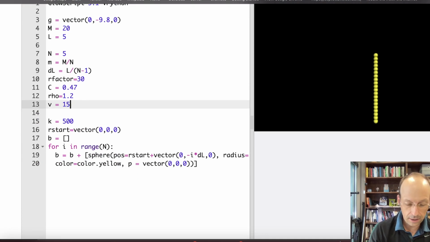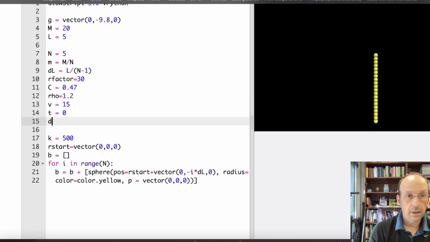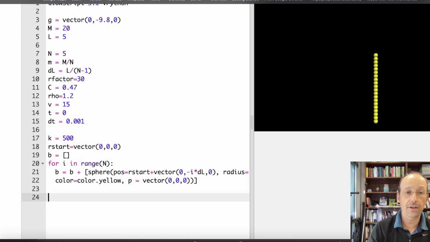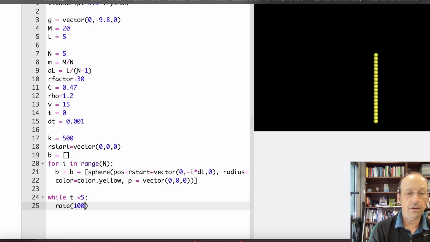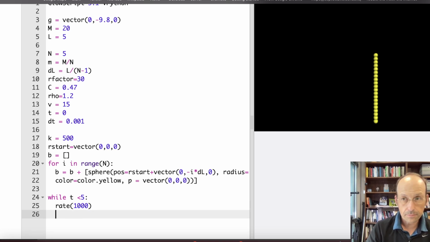Now I need T equals 0, dt equals 0.001. Okay, I'm first just going to make the thing hang and see if it hangs down. So let's say while t is less than 5, rate 1,000. So this is going to do no more than 1,000 calculations per second for 5 seconds.